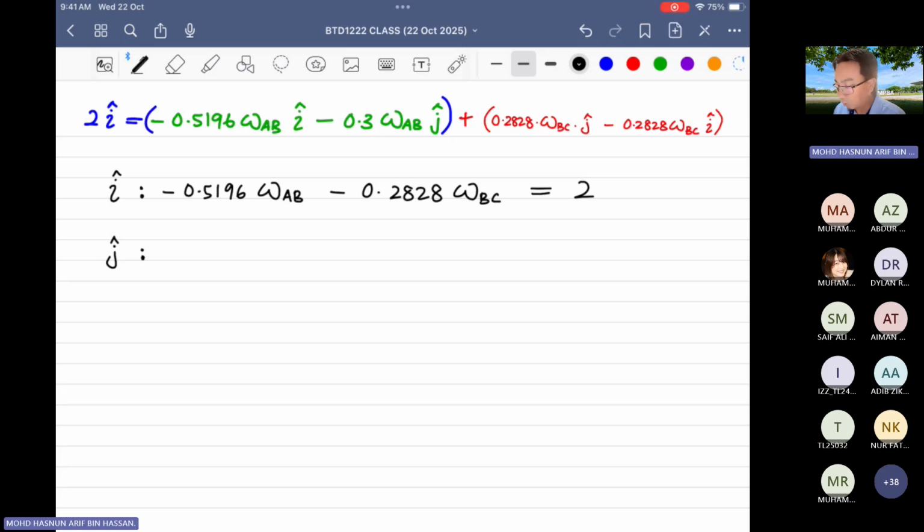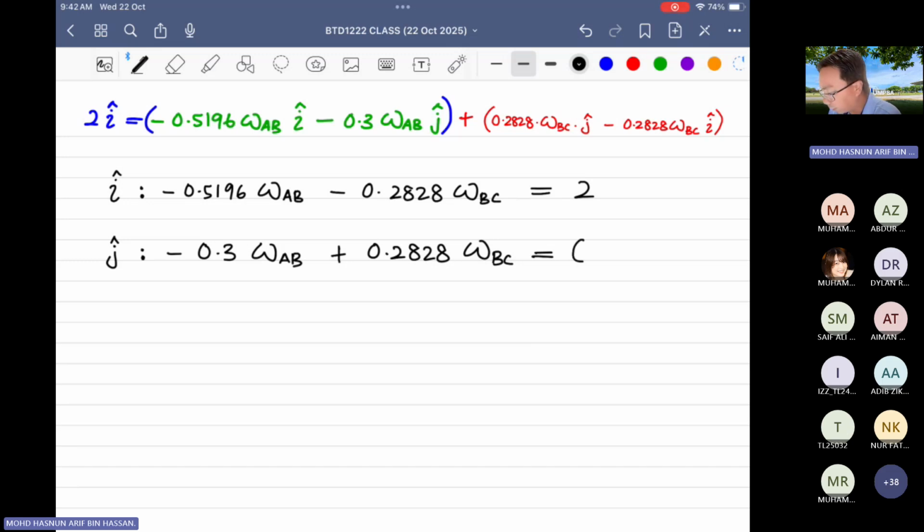Now for J component, we have for omega AB is negative 0.3 omega AB. Right? For omega BC, we have plus 0.2828 omega BC equal to, look at the left-hand side of the equation, there's nothing in J component.